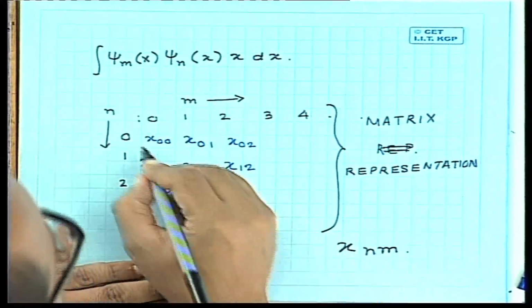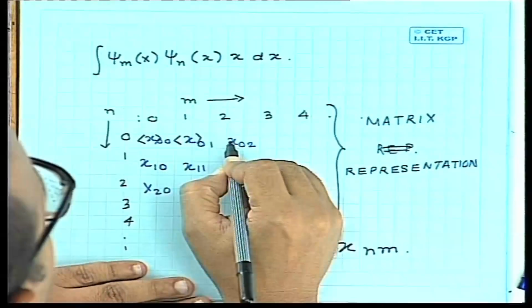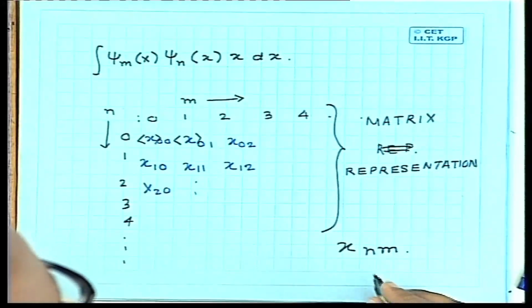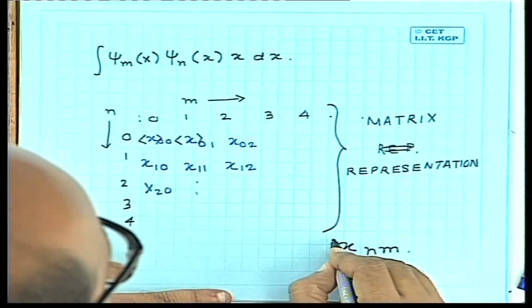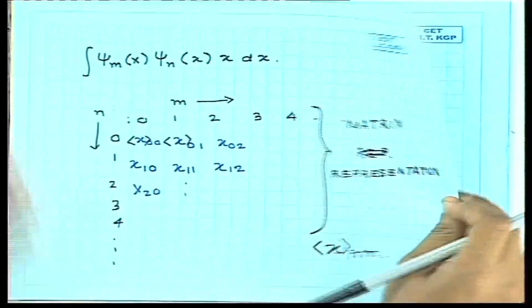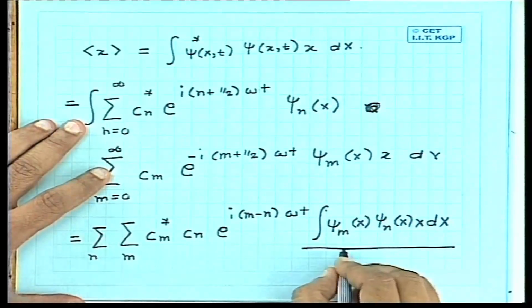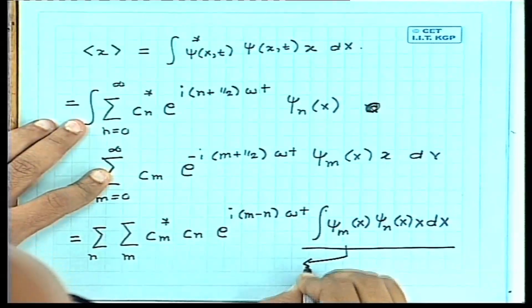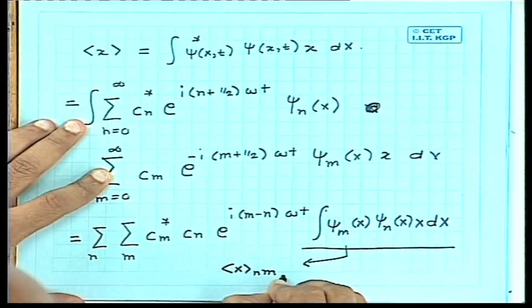We can put brackets here also to denote that it is a matrix. So basically what I have told you is that this integral over here is a matrix x n m.